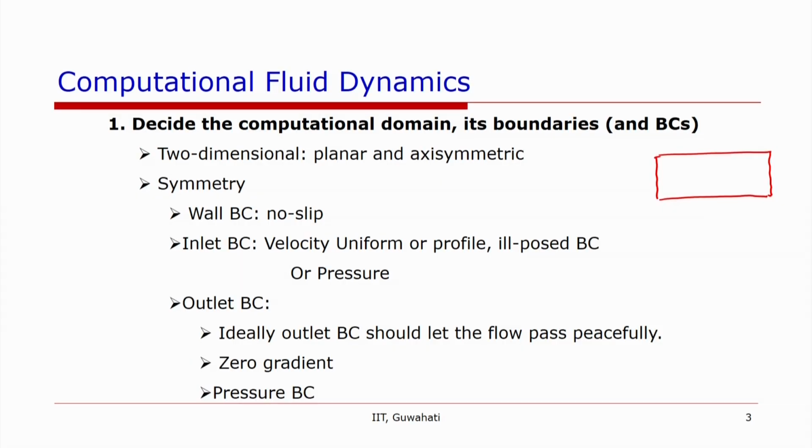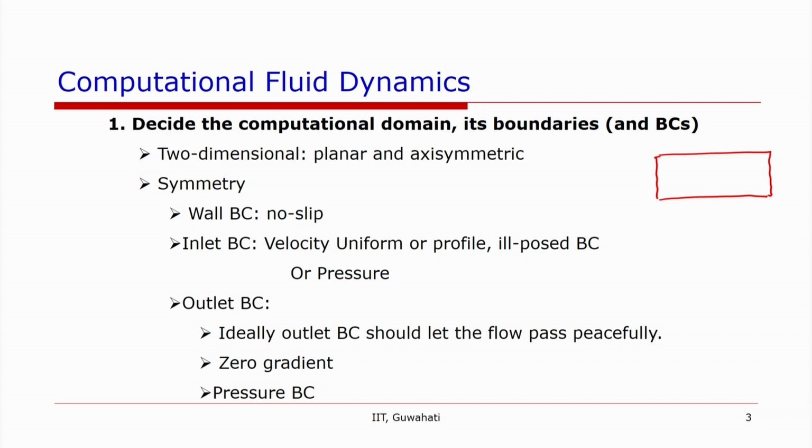V z is equal to 0 and del by del z for all the variables will be 0. Similarly, in a cylindrical coordinate system, if the problem is axisymmetric, that means there is nothing happening along the azimuthal or angular direction, then v theta, the velocity in the angular direction, is 0 and the gradients in this direction are 0.